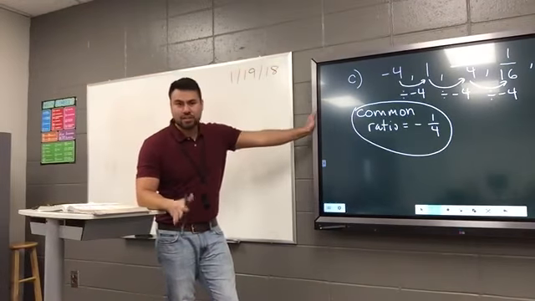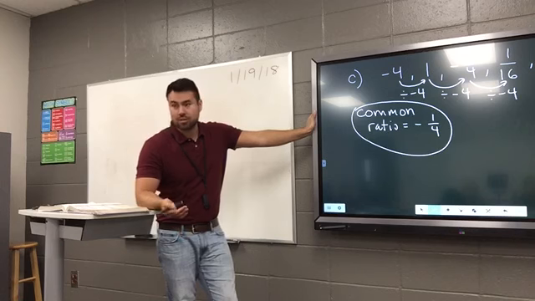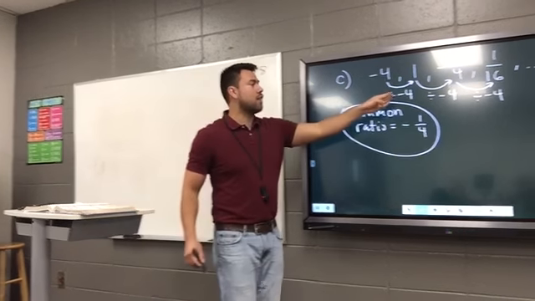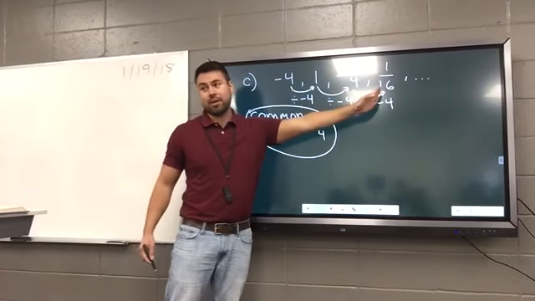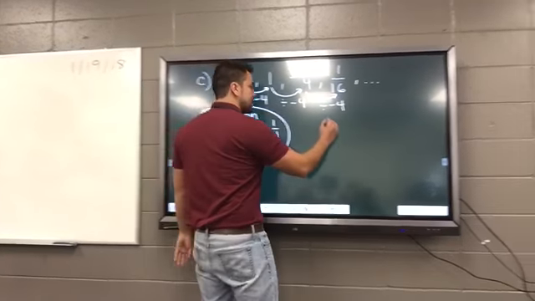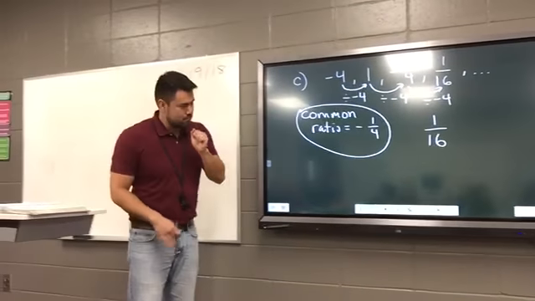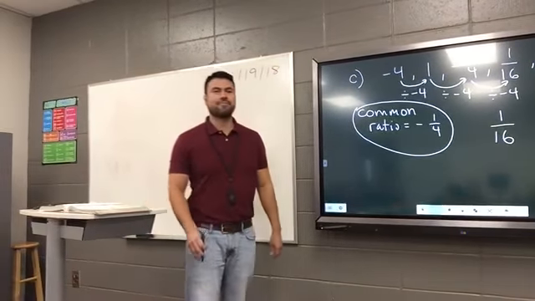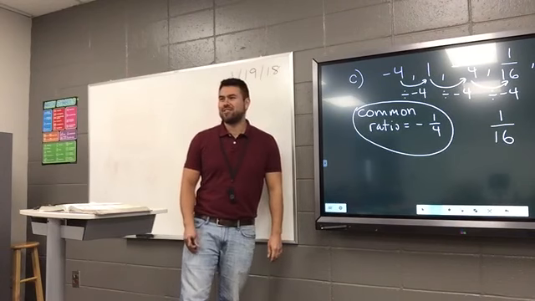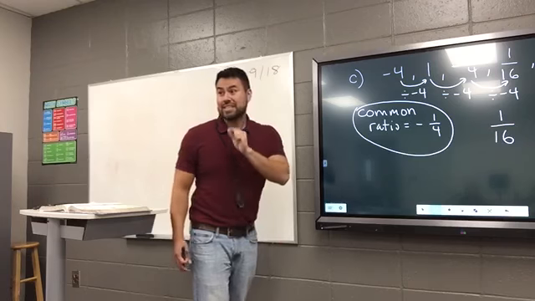Is it a geometric sequence? Yes. So how do I find the next terms? Well, I could divide by -4. That's going to make it harder. What do I do to 1/16 to get my next number? What do you think I should multiply by? Josie? -1/4.